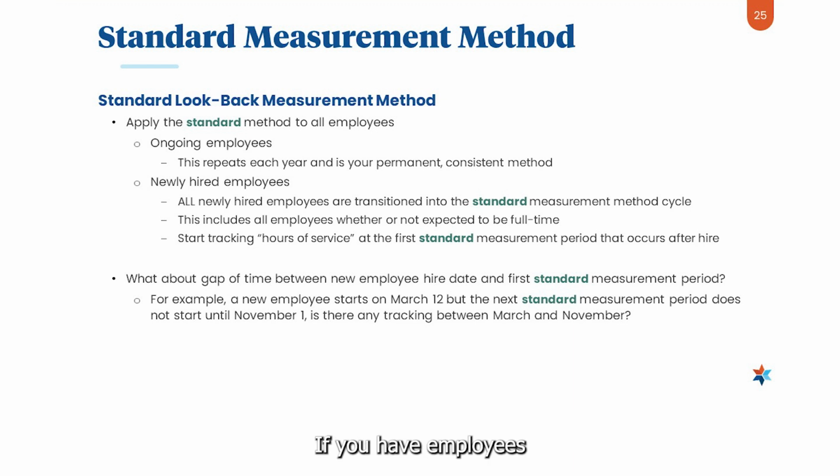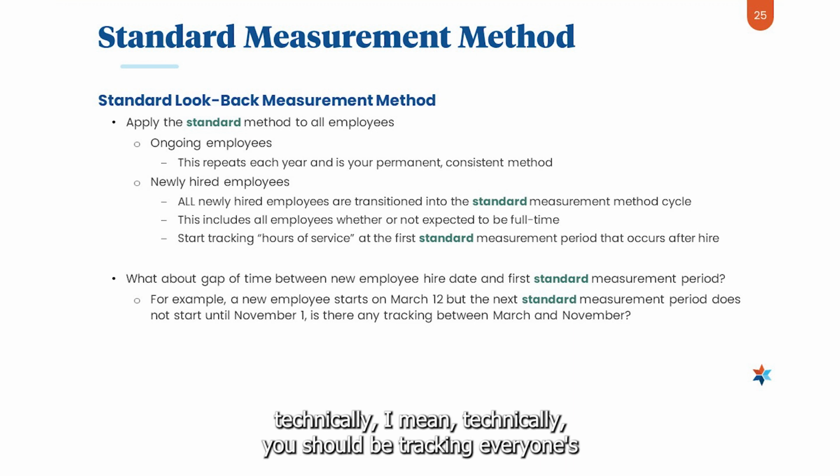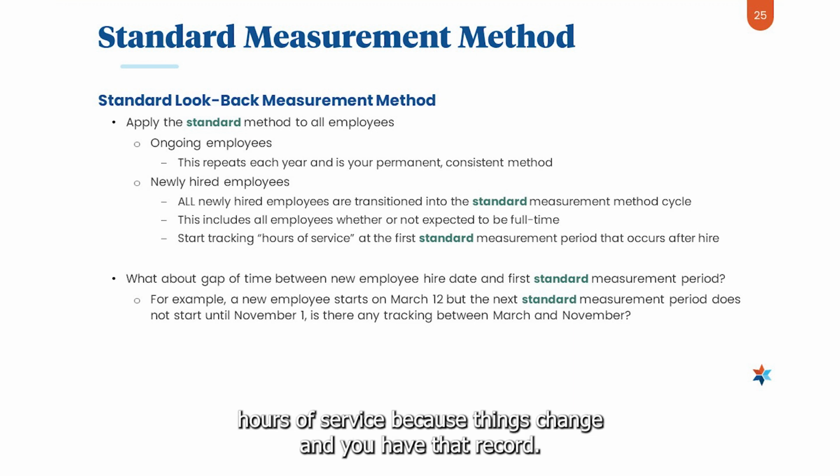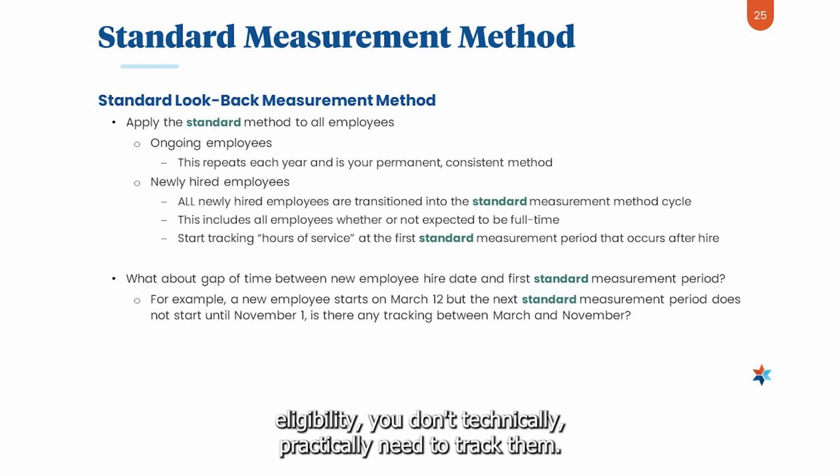We've got a question. Yeah. If you have employees who are locked into eligibility, no matter how many hours they work, technically you should be tracking everyone's hours of service because things change and you have that record. But in practicality, if you have employees that are for sure never going to lose eligibility, you don't practically need to track them.